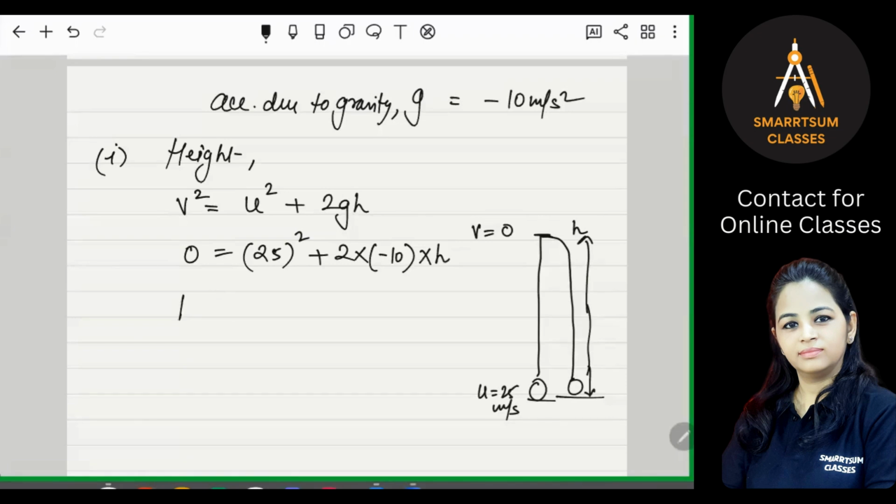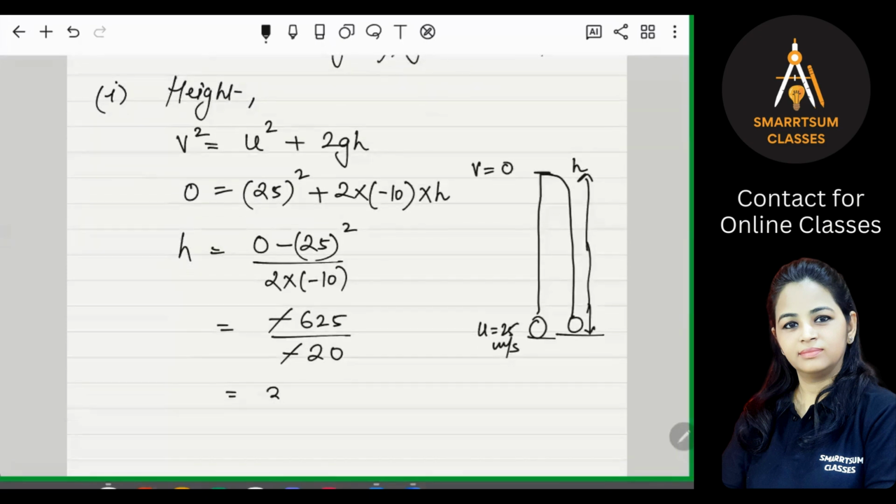So h will be equal to 0 minus 25 square upon 2 into minus 10. Getting this? Now solve it. Minus 25 square, 625, upon 2 into minus 10 is minus 20. Minus minus sign will cut. Divide 625 by 20, you will get the height 31.25 meters.